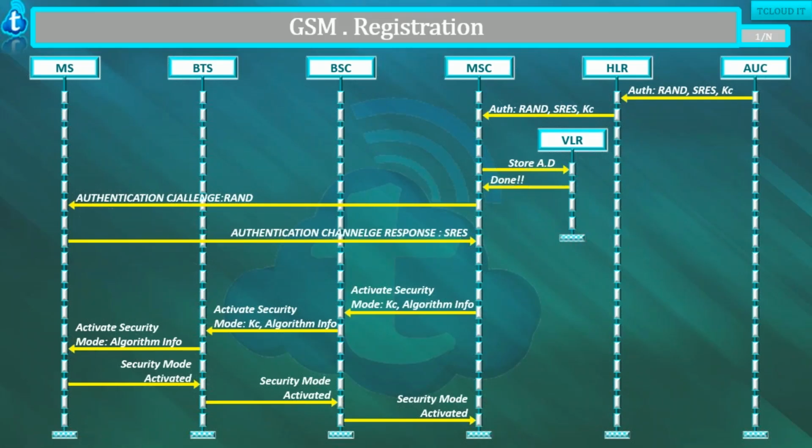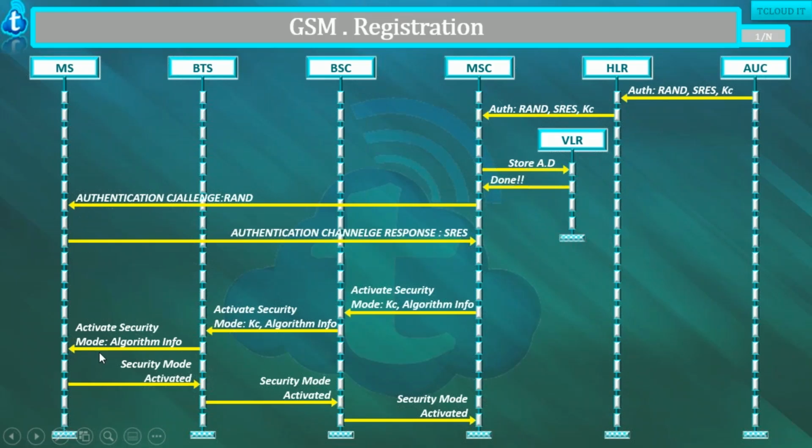So the mobile station has both the A3 algorithm as well as the A8 algorithm. Mobile calculated SRES with the A3 algorithm and KC with the A8 algorithm. It sent the SRES back to MSC, but KC is stored hidden inside the mobile station. It is not giving that KC to anybody. It is storing it and keeping it to itself.